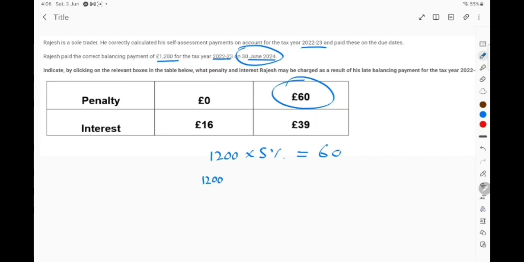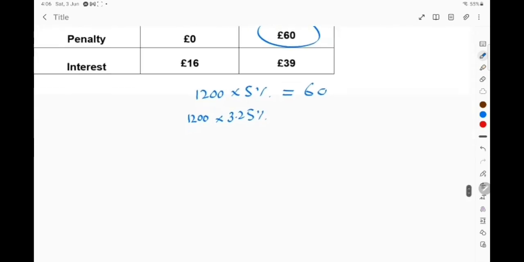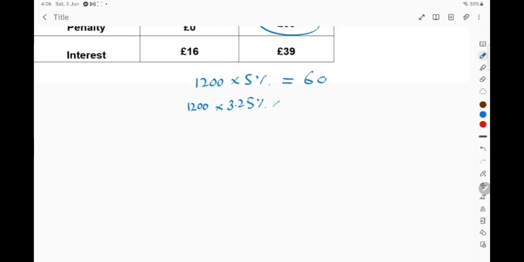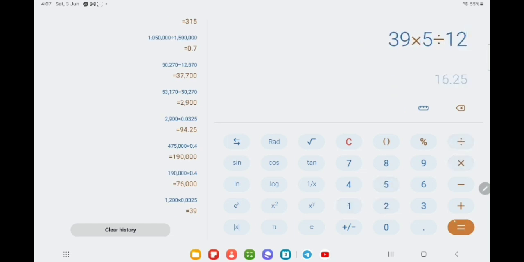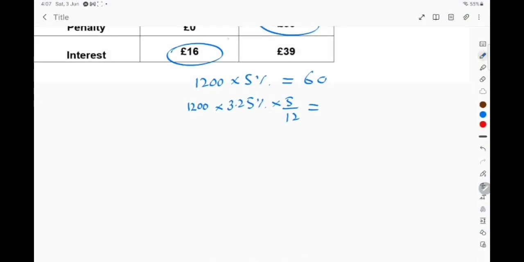So 1200 multiplied by 3.25 percentage multiplied by 5 divided by 12. This is 16.25. So 16 is the answer.